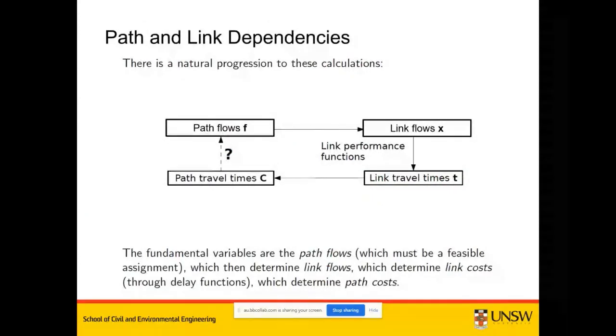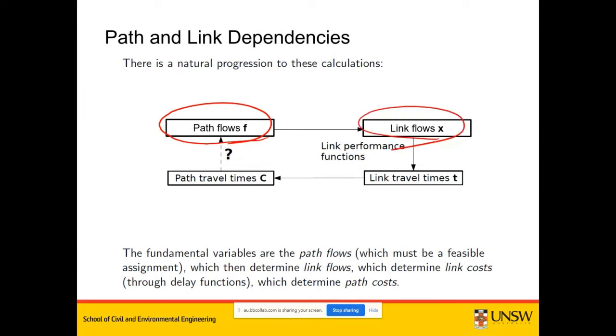Let's move on. Given all these path and link dependencies, this is how it works out when it comes to traffic assignment, iteration by iteration. We start with some path flows. From the path flows, we get the link flows using the adjacency matrix. Then using the link performance function, from link flows x, you get the link travel times.